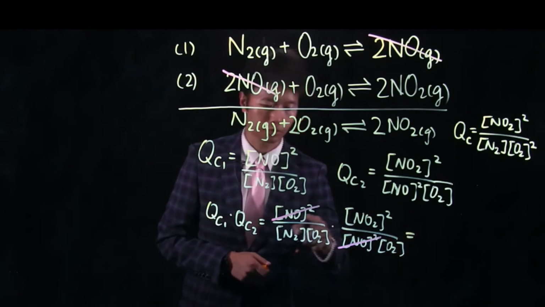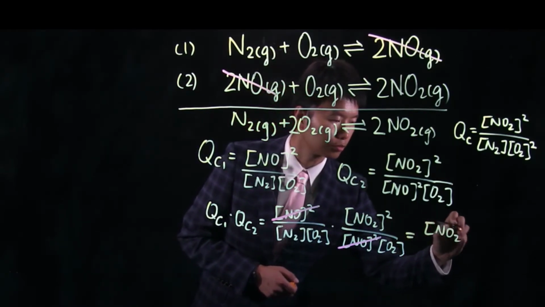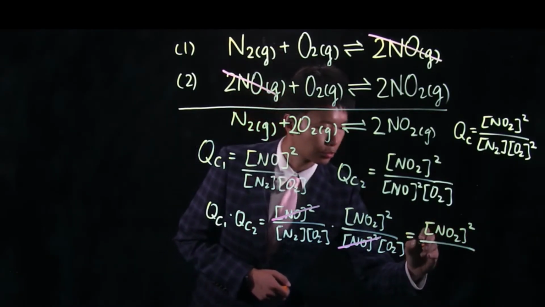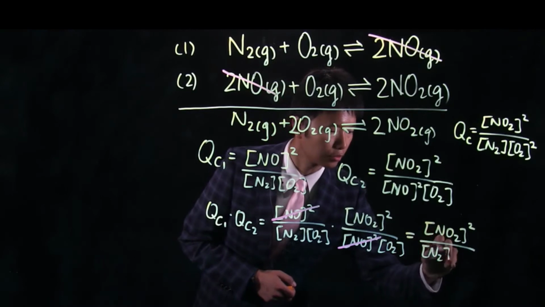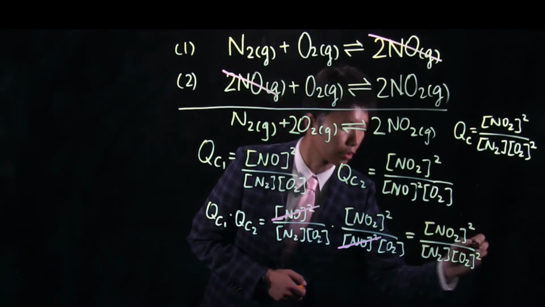Now we can write down the product, which will be the concentration of NO2 squared divided by the concentration of N2 times the concentration of O2 squared.